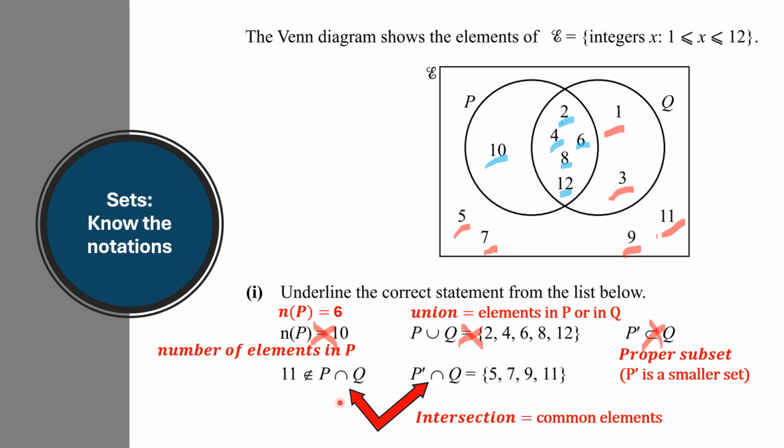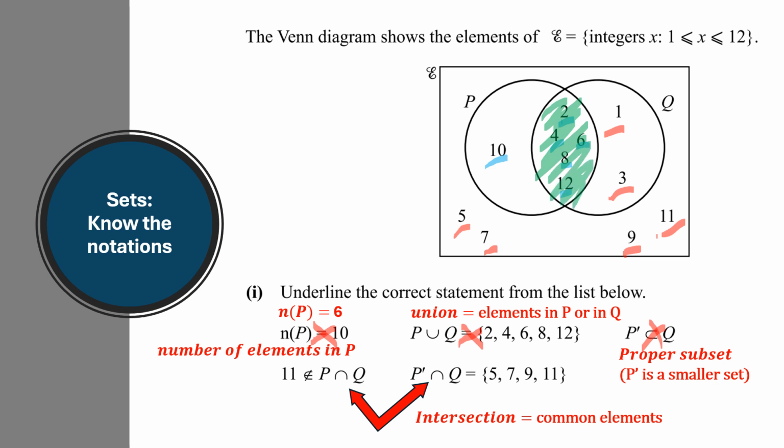Let's look at P intersect Q. Where is P intersect Q? That means the common element between P and Q, which is actually this particular region here. This is the one that gives you P intersect Q.